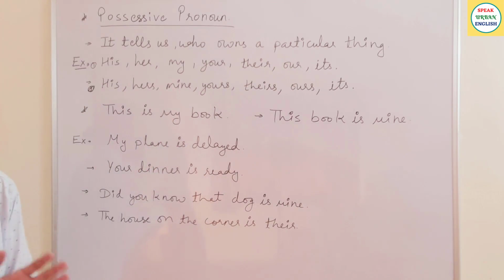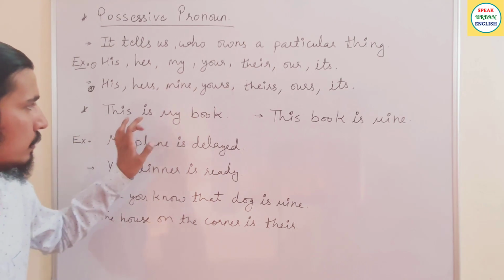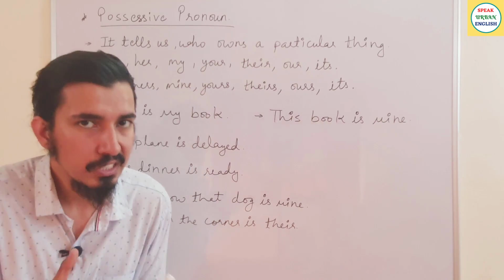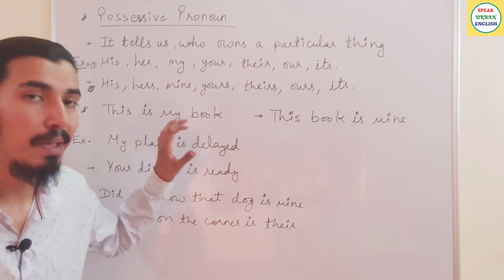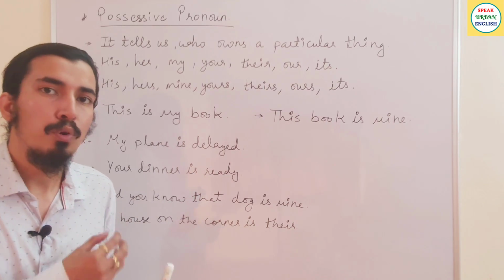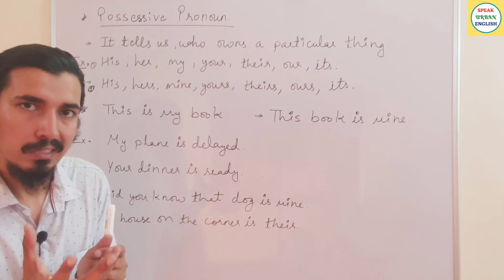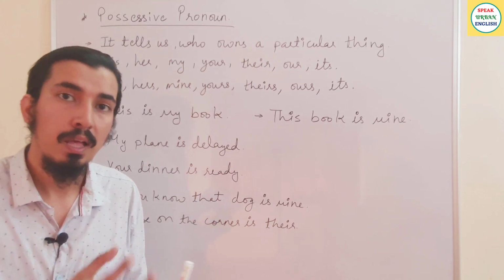The very simple answer is this. In the sentence this is my book, what's the thing of which we are talking about the possession? It's the book. We are talking about the possession of the book.